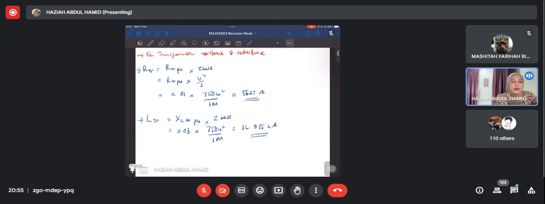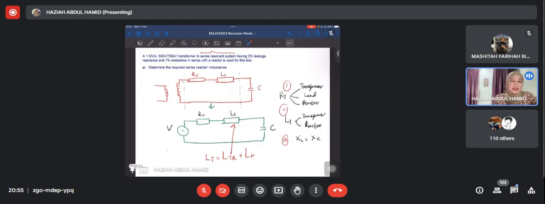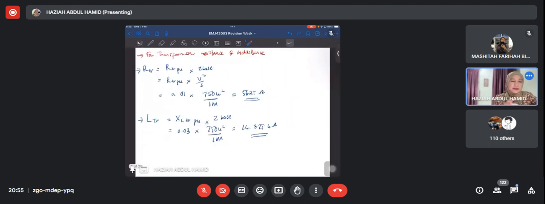For the transformer resistance and inductance, since the transformer was given 3% and 1% resistance, we have to convert to ohm. Everything given in percentage is per unit, so you must convert the value to ohm.